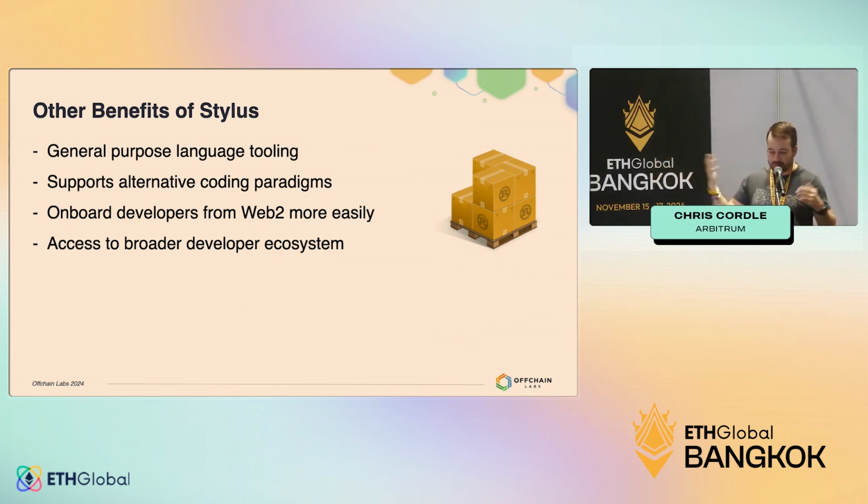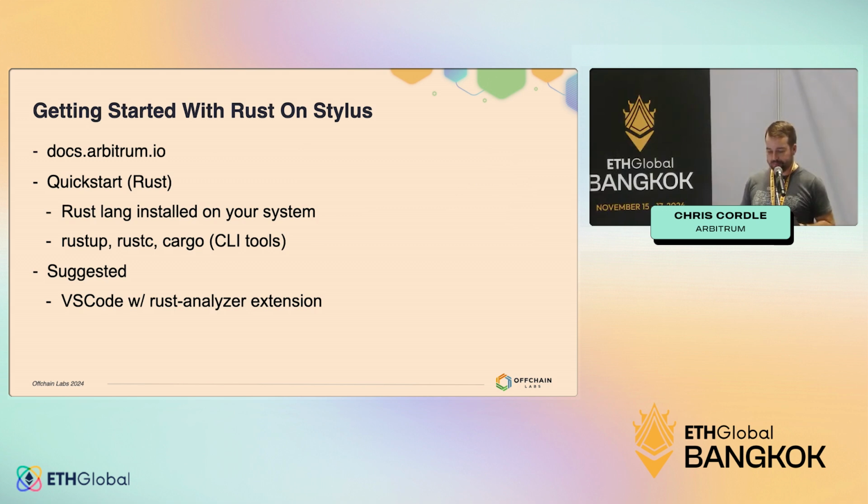It supports alternative coding paradigms and helps onboard developers from Web 2. We want to get access to the 20,000 Rust devs that are out there, and there are also hundreds of thousands of developers in other languages we'd like to onboard. So these are why we built Stylus on Arbitrum.